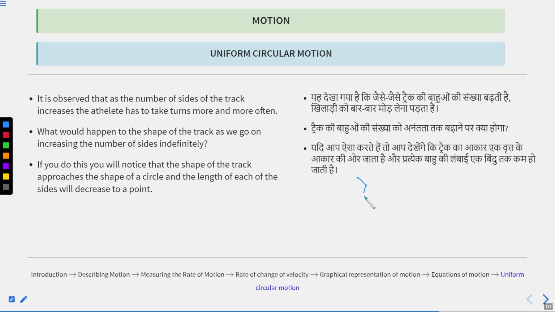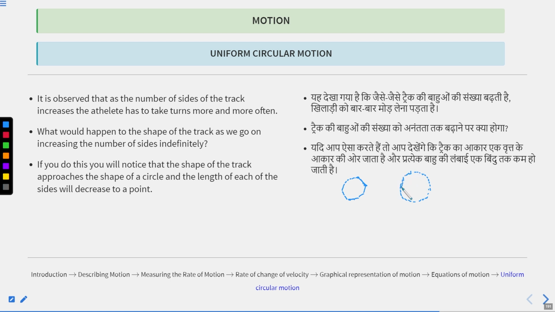What happens if the person has to take an infinite number of sides? It means that the person is moving on a circular track. On a circular track, you have to change your direction at every single point.